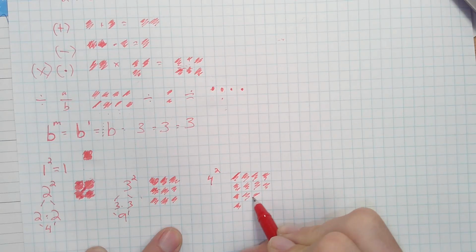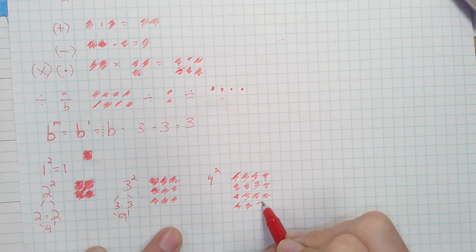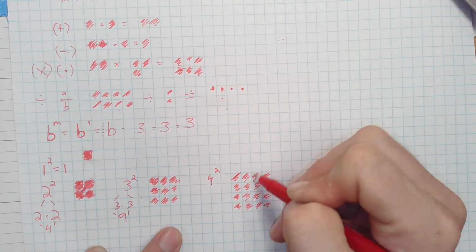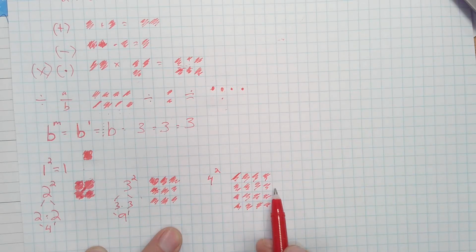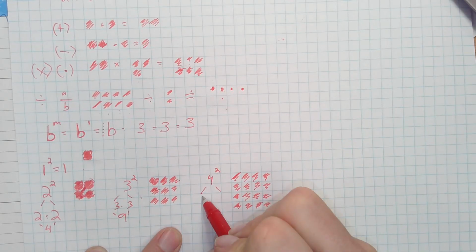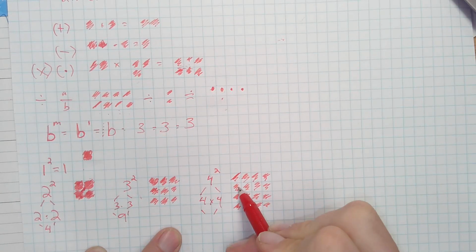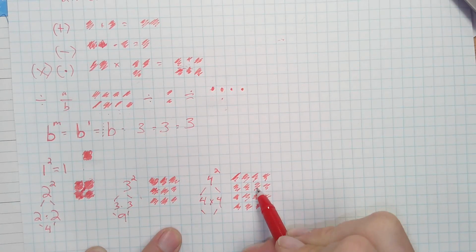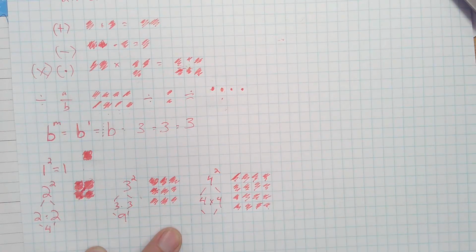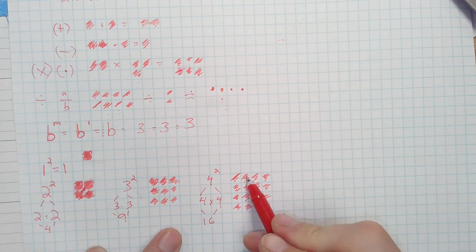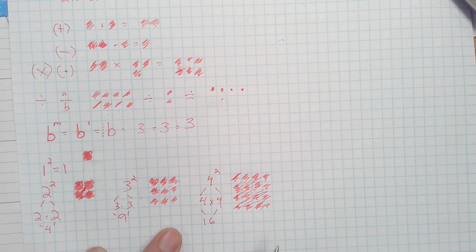Fill it in. Either way you look at it, I have 4 rows of 4. I have 4 times 4, which is 1, 2, 3, 4, 5, 6, 7, 8, 9, 10, 11, 12, 13, 14, 15, 16, because 4 times 4 is 16. It's a perfect square.